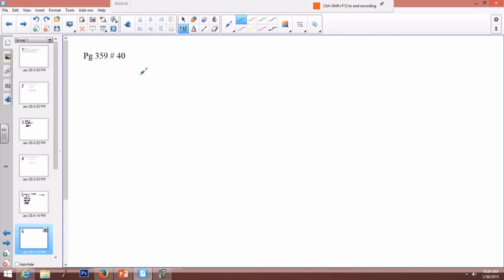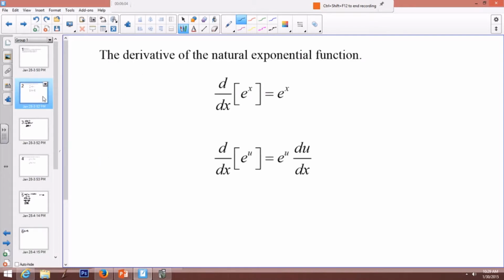Let's start with a simple one to begin with, and they want us to do the derivative of y equals e to the 5x. Actually, I think it's negative 5x. So we are deriving with respect to x. And again, since we are doing the derivative, this is not just x, it is an expression in terms of x. So this is a chain rule property.